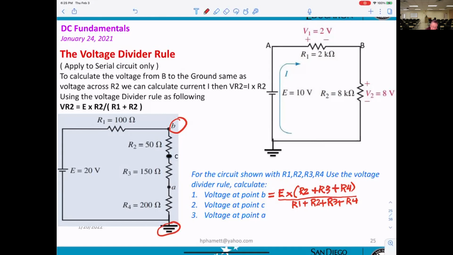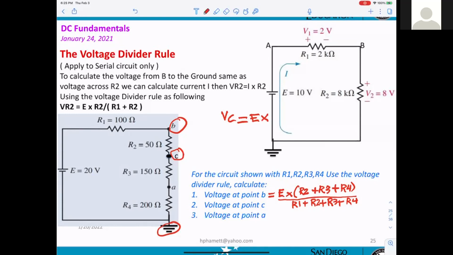So now I want VC, using voltage divider. Then you still get E times what? R3 plus R4 divided by the total resistance.